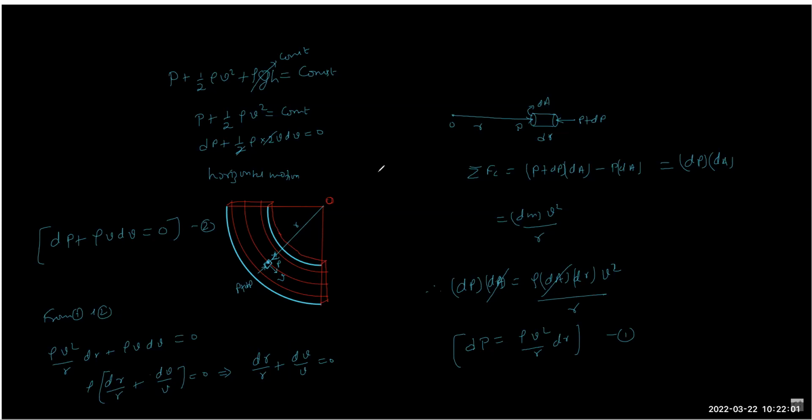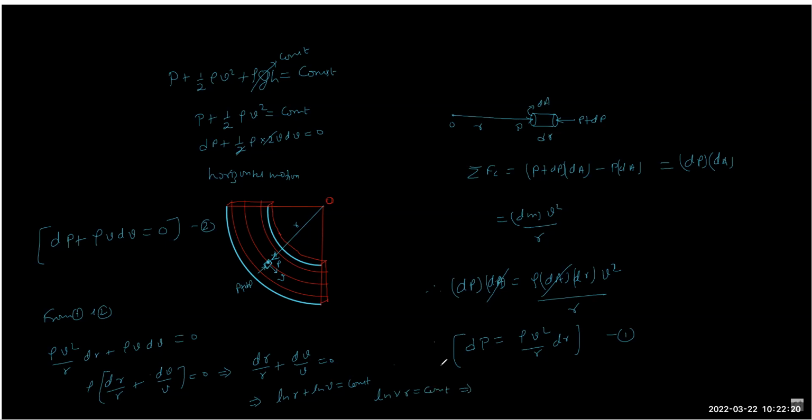So integrating, what you get is ln r plus ln v is constant, which means ln vr is constant.